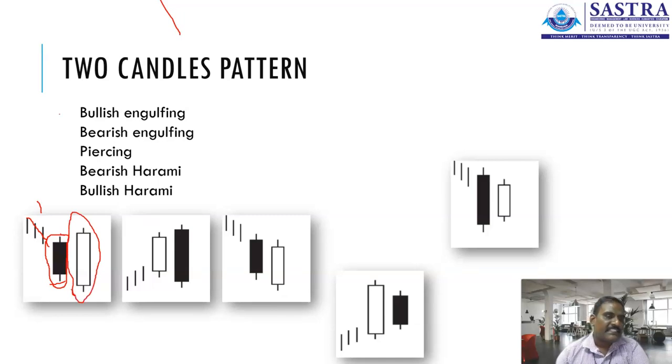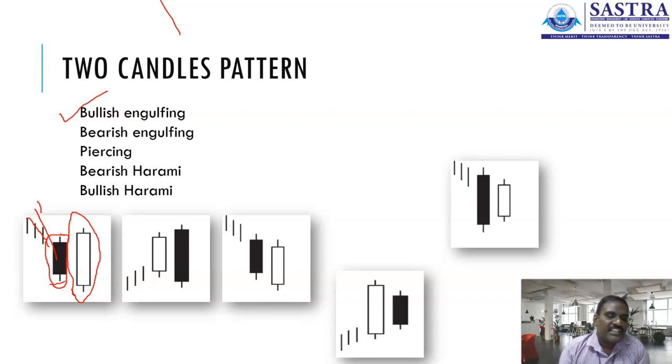The type of pattern is identified as bullish engulfing. So the bearish trend started and ends with the bullish. By overcoming the previous historical price, new price changes happen in the market that overcome the negative price changes of the preceding trading day, that we can classify as bullish engulfing.